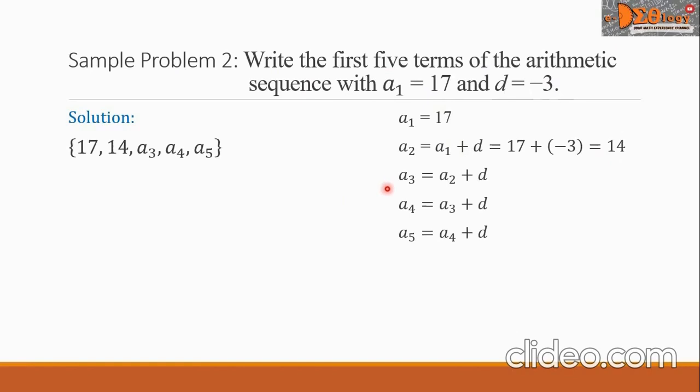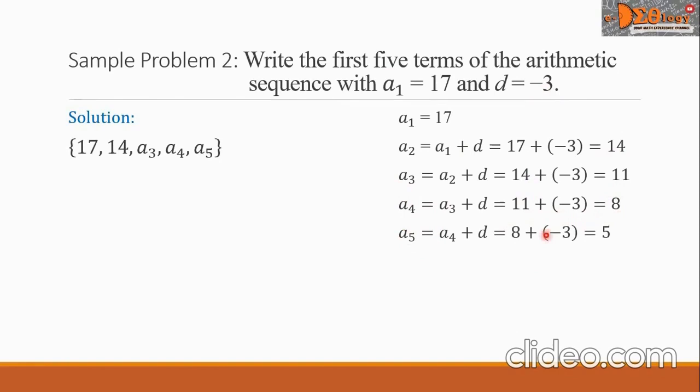And this value we will substitute to a sub 2 in the sequence. For a sub 3, a sub 4, and a sub 5, we will compute by simply adding the common difference to the previous term, respectively. So a sub 3 is 14 plus negative 3, that will give me 11. For a sub 4, that is now 11 plus negative 3 equals 8.